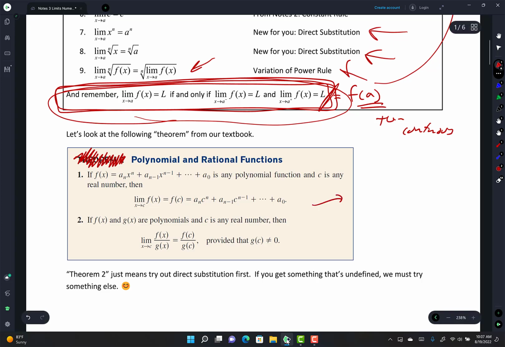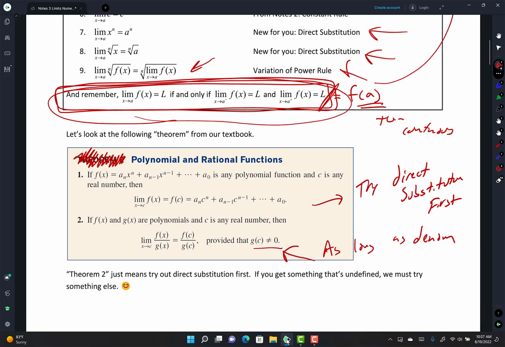All this means is try direct substitution first, as long as the denominator is not 0.